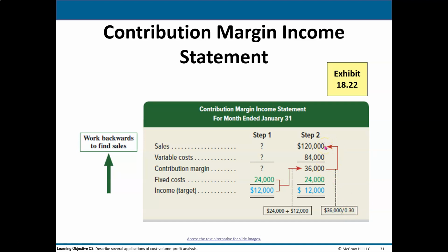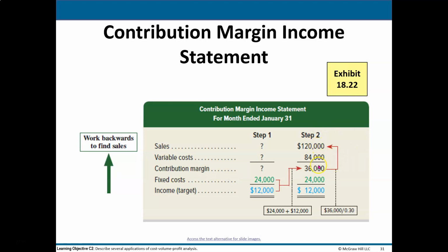Now, when I have my total sales, I can figure out the difference between my total sales and my contribution margin to get my variable costs. So if my contribution margin is 30% of sales, then by definition, my variable costs have to be 70% of sales.